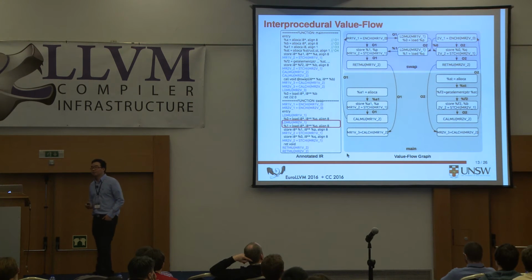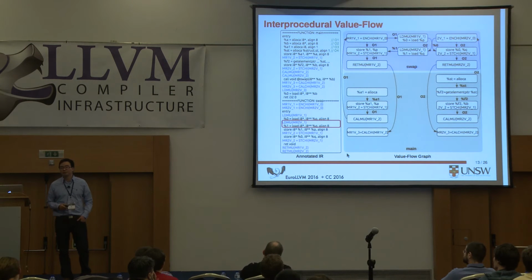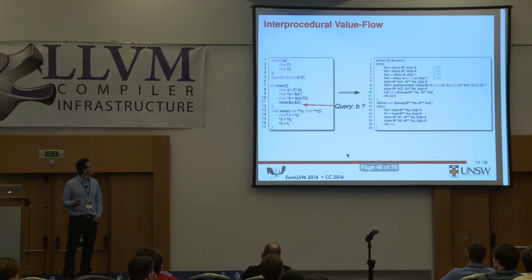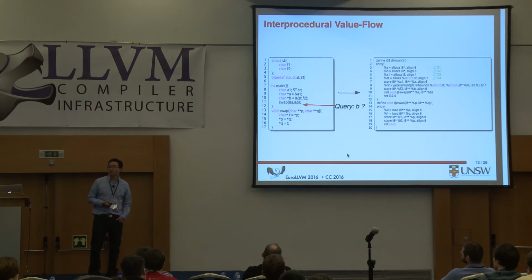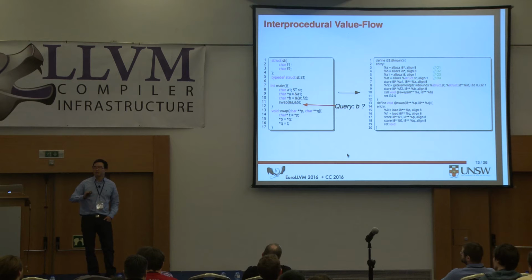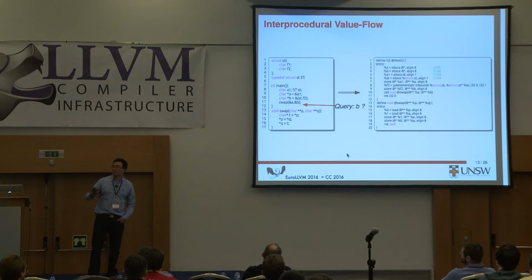After the value flow graph has been constructed, a client application may ask: what is the points-to value of B after the function swap is called?